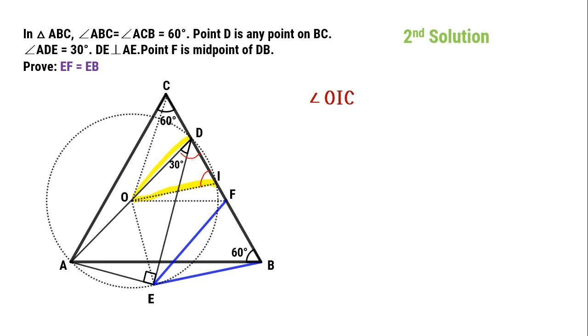We get angle OIC equals angle ODI. Obviously, OF is parallel to AB. So we can get angle OFB equals 60 degrees. We get an equation for angle ODI.